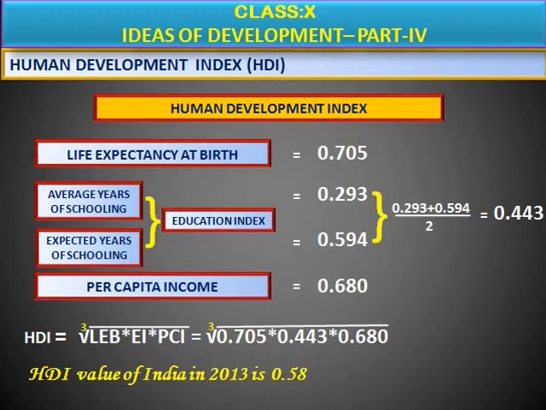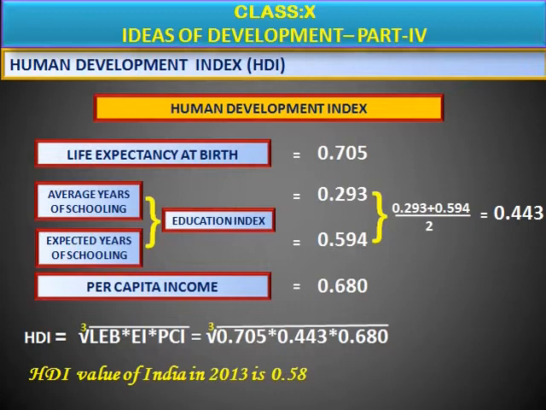Because we want to increase the HDI value. If we want to increase the HDI value, we have to improve these 4 dimensions. If we improve these 4 dimensions, automatically the HDI value will increase. If we can improve the HDI value, we can increase the ranking of HDI, which is the prime objective of any country.